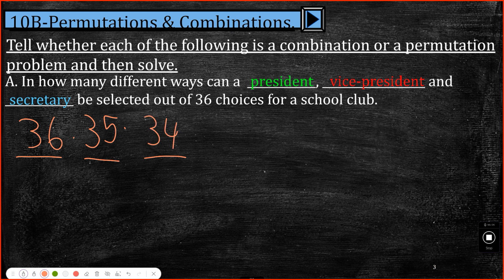34. So the way we say it is 36 students in the club, permutation 3 spots. That's what it really is. 36 permutation 3, because there's order. You have 3 spots, and 36 could be in those spots. So get your calculator and multiply that out.